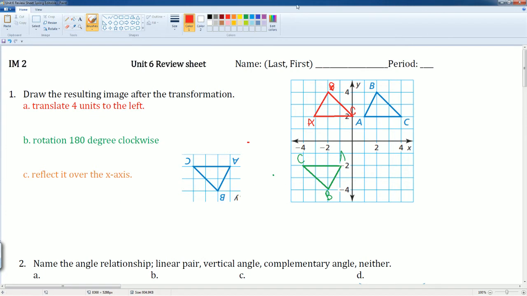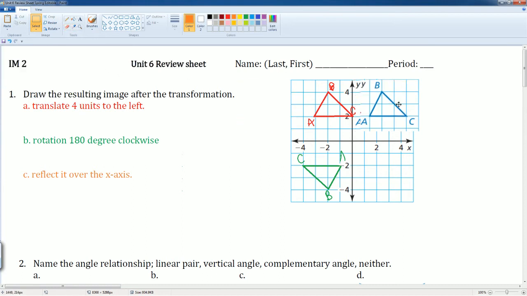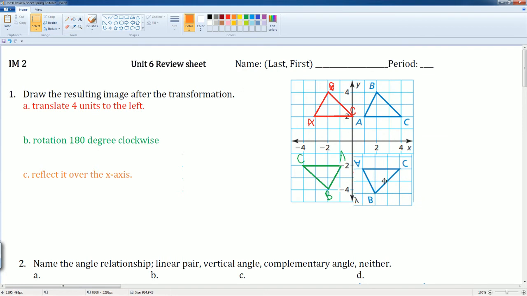Lastly, you want to do the orange one here, which is going to just be a reflection over the x-axis. So let me grab this for you, and I'm going to reflect it over the x-axis. All right, so here you go. Then when it reflects, it should look something like this, and it's on this side right there. Okay, that's how it looks like after it reflects.